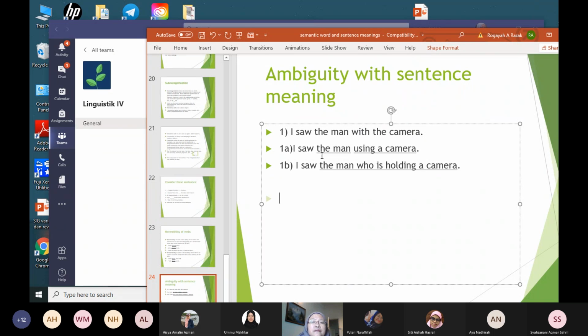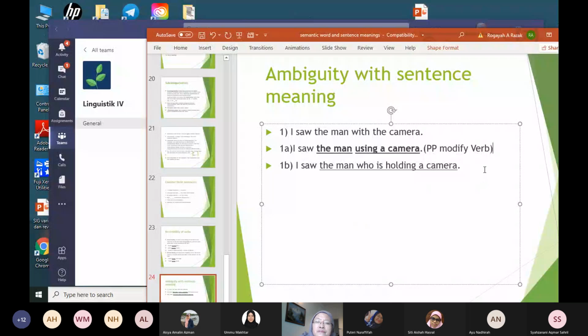So as you can see, I saw the man. The man is a constituent by itself. Using a camera is modifying, so you say here, using a camera, PP modifies the verb.